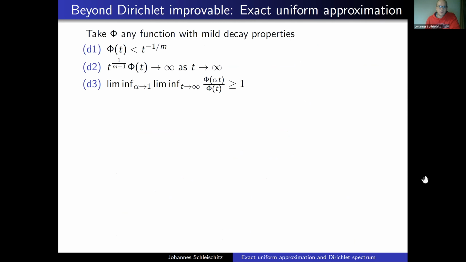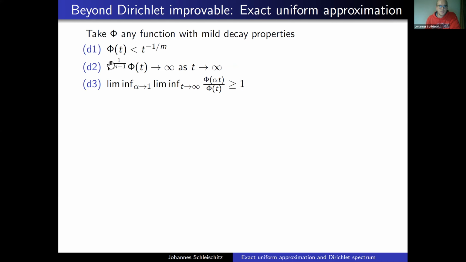Yeah, I prove in fact a theorem which is a bit more general. I don't restrict to this function c times t to the -1 over m, but want functions that have these three properties. So the first one is just very natural from Dirichlet's theorem. The second one tells you that it should not decay too fast.